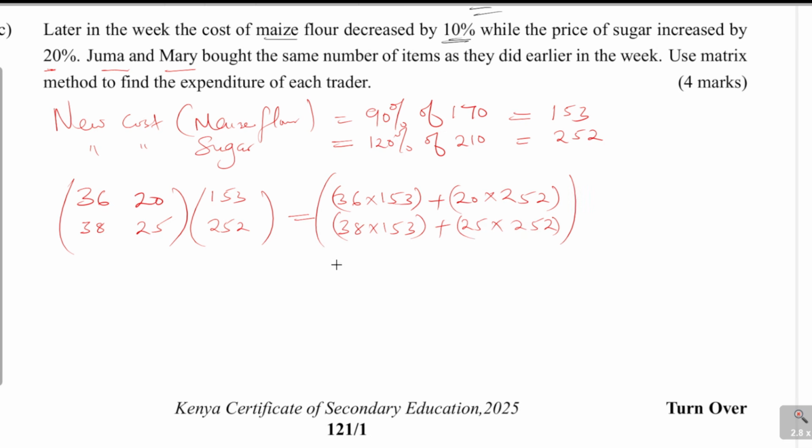Like that. So when you compute these, 36 times 153 plus 20 times 252, you get 10,548. Then the second row, 38 times 153 plus 25 times 252, will give 12,114.